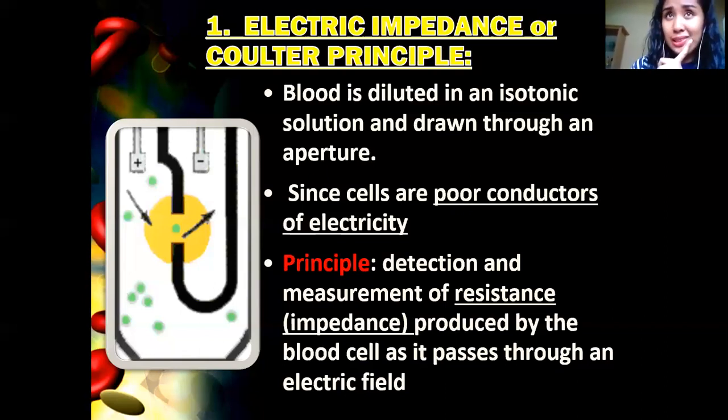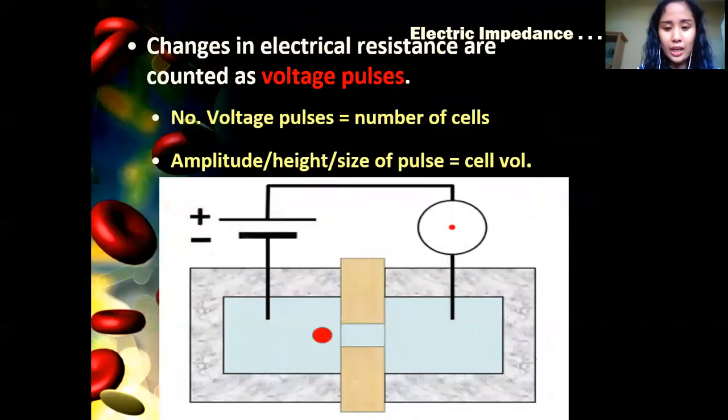So imagine there is a signal, and then something blocks the signal, so there is resistance or impedance. What is the effect of that? I think I found a perfect GIF, so look at the PowerPoint. As the red blood cell passes through the electric field, there is a disturbance, which the machine detects because the electric field is disturbed.